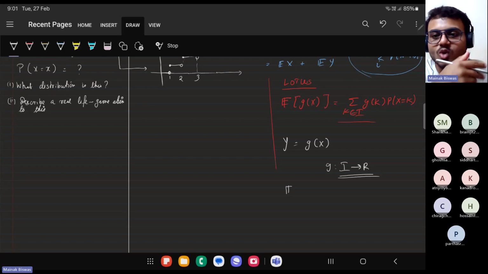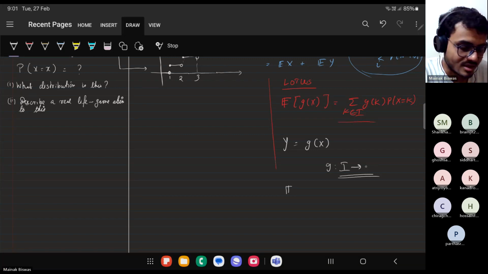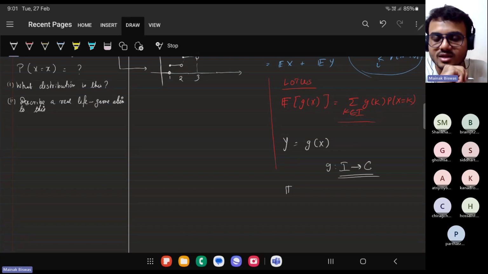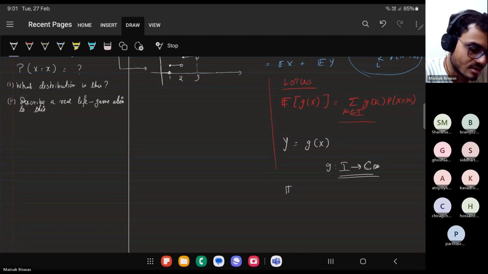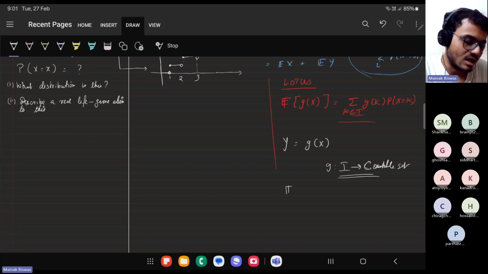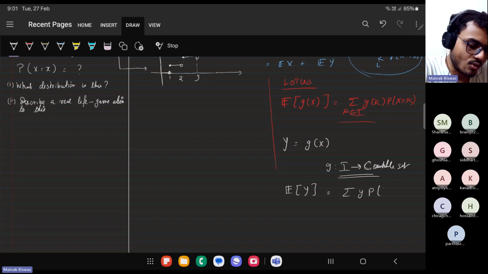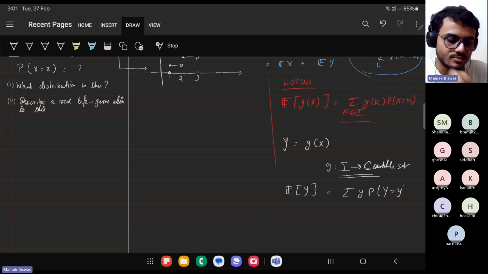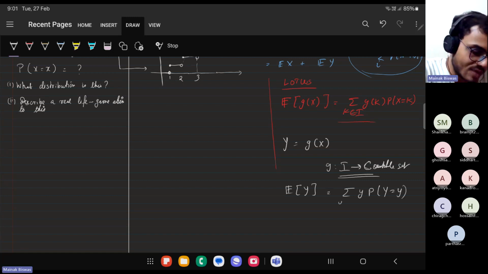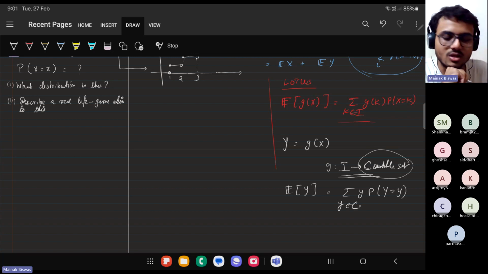You can only map from I to some countable set C. You cannot map I to some uncountable set, isn't it? One side is a countable set, the function can only map to lesser or equal values, right? This is a countable set. Anyways, do you agree the expected value of Y will be the sum of y times the probability of Y equal to y, over all the values y can take in the countable set C? Yes or no?